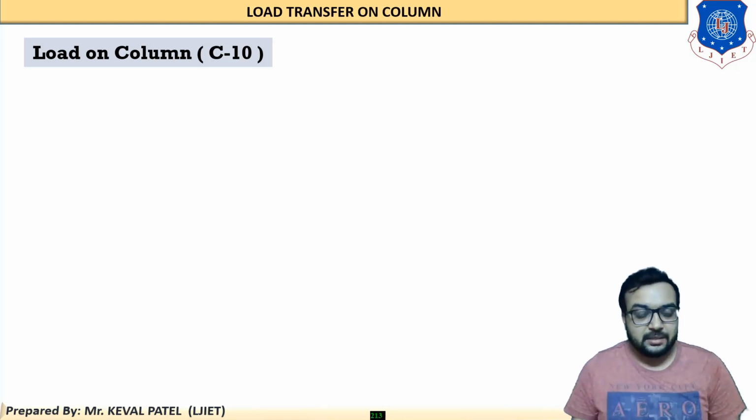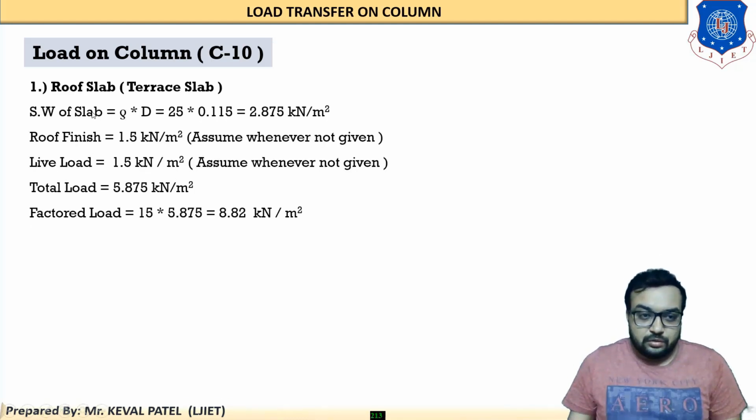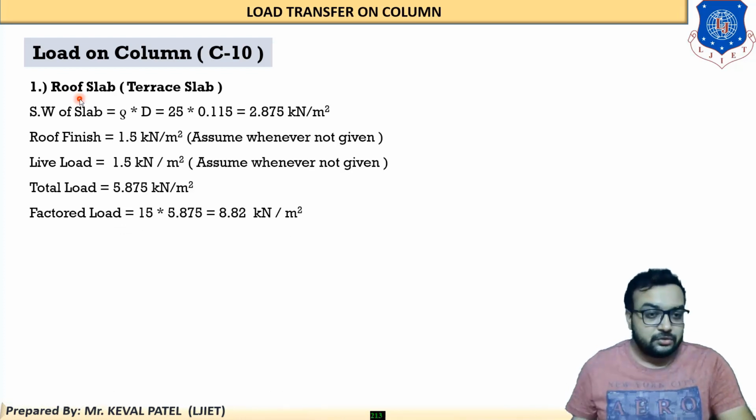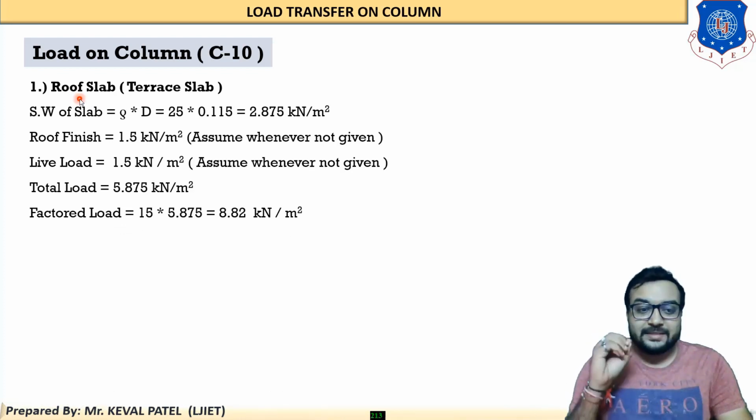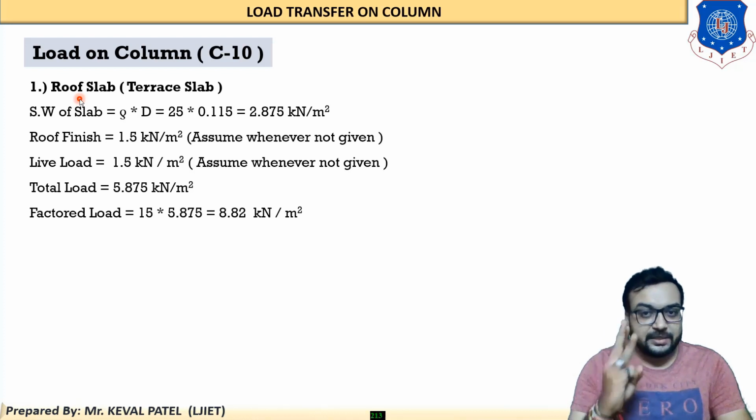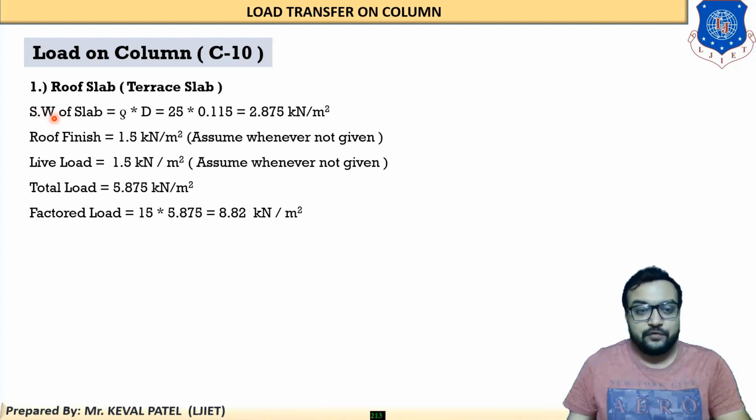Let us start with the roof slab. Students, on any slab there are mainly 3 types of load: self weight of slab, floor finish and live load. The first one is self weight of slab.